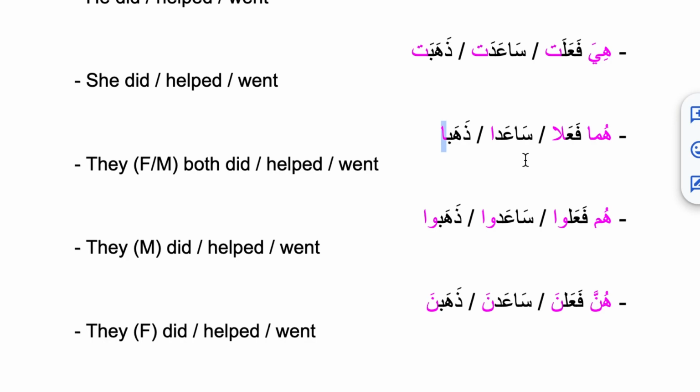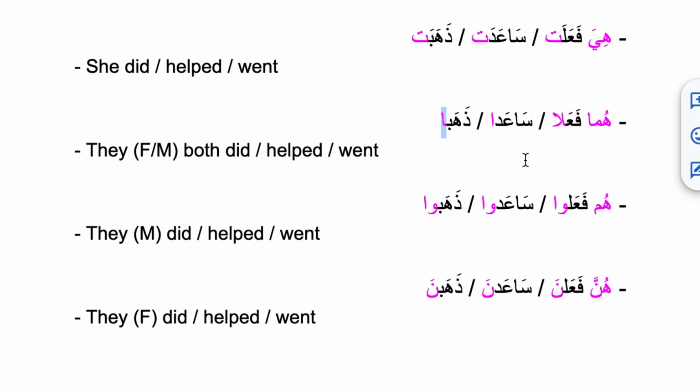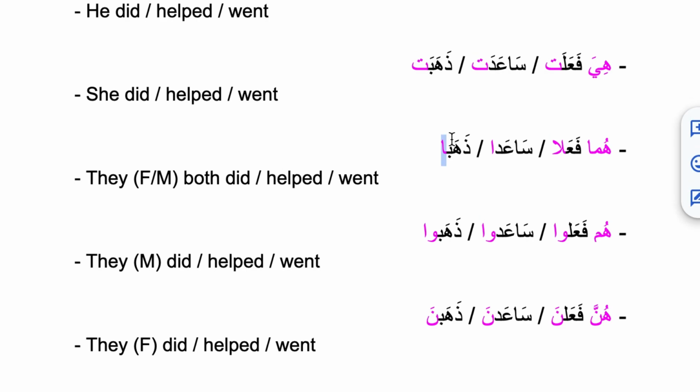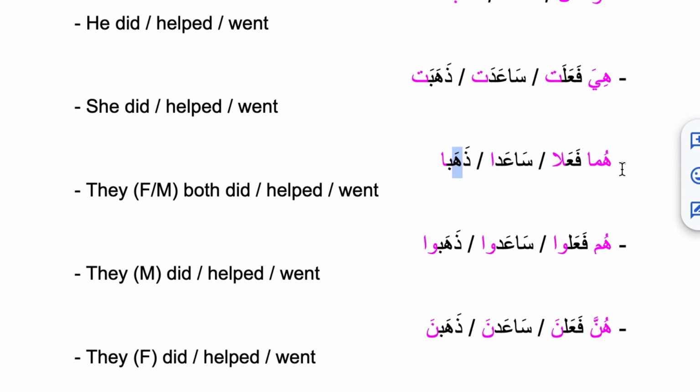Third example, dhahaba, and it means they went. And as you can see, we only add the alif to the end of the verb. Dhahab in the past, but when you say he went, you would say dhahaba. So you put a fatha on the ba, like the example here. And this fatha stays on the letter when we use it for hiya, but not for other examples.